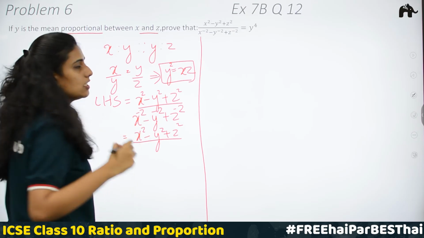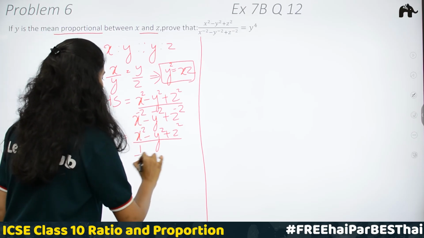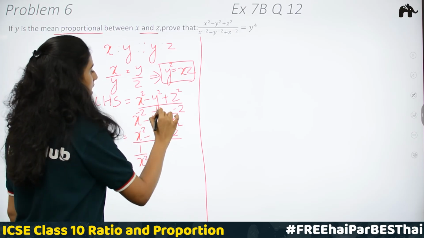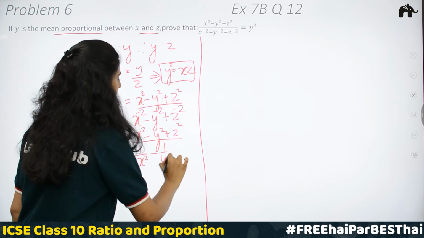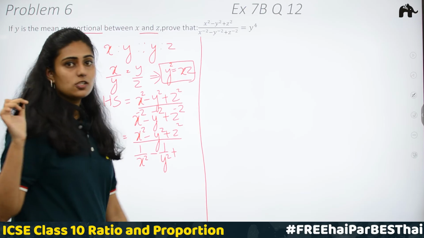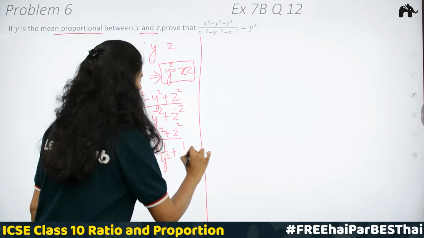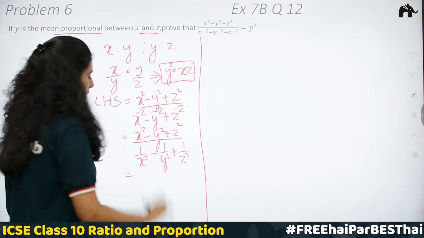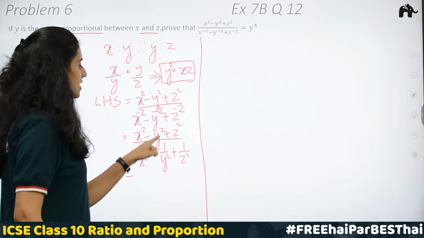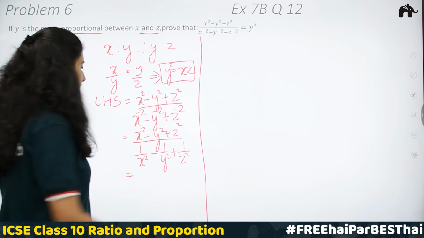Denominator, x raised to minus 2 is 1 by x square, minus y raised to minus 2, 1 by y square, plus z raised to minus 2, 1 by z square, which is equal to, wherever we have y square, we can substitute xz.